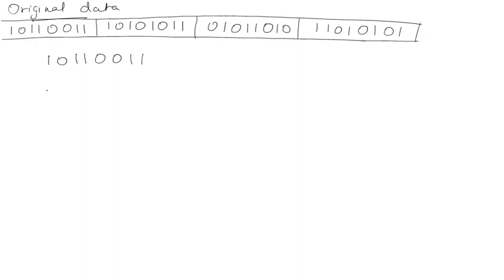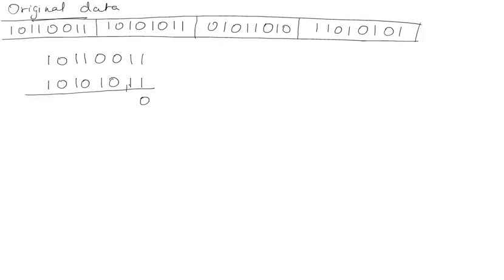We'll add them in steps. We take the second segment, 1 0 1 0 1 0 1 1. When both are added, 1 and 1 gives 0 with a carry of 1.